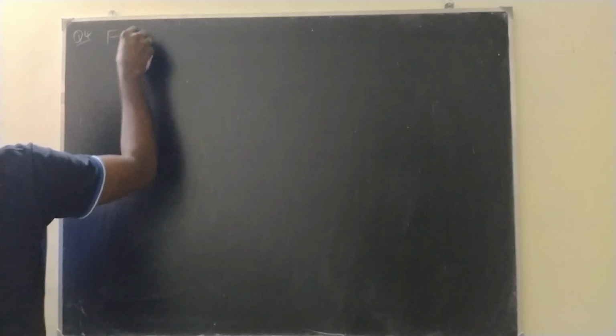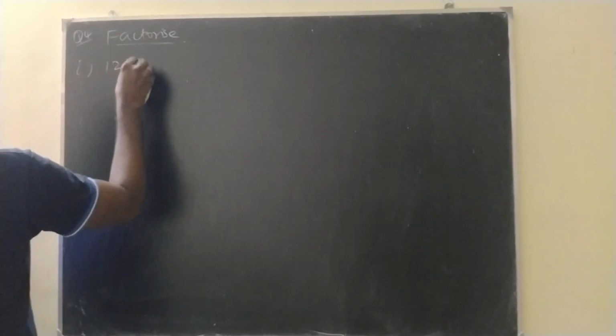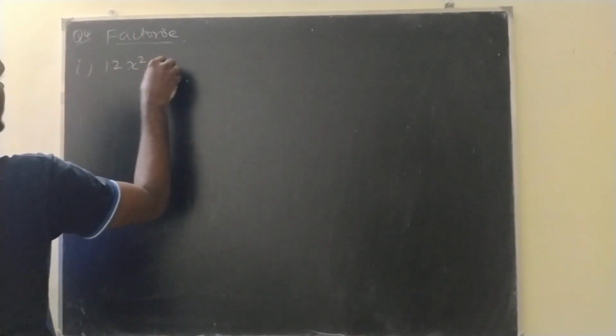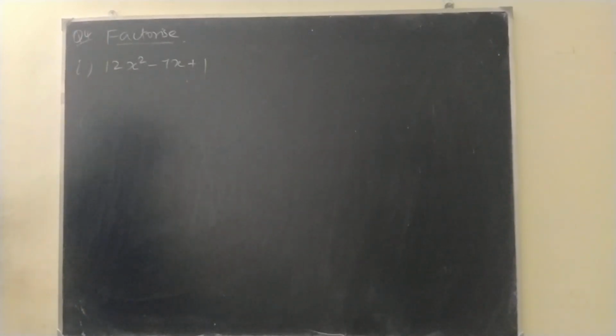Okay. Question number 4. Factorize. The first subdivision: 12x square minus 7x plus 1. Can anyone say how to factorize this? I told you earlier. Can you remember?